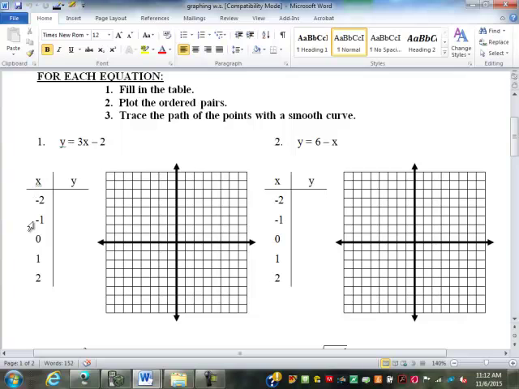I gave you the numbers here to try for x. I didn't give you any room here to figure it out, but you'll do that in your notes. Plug these numbers in for x. Figure out what values would go for y. Plot them on a graph and see what you get for a graph. So I want you to try these two quick. I'll give you 5 minutes or so, and then we'll talk about them and see if you guys come up with what I do. Then we'll skip to some other ones.